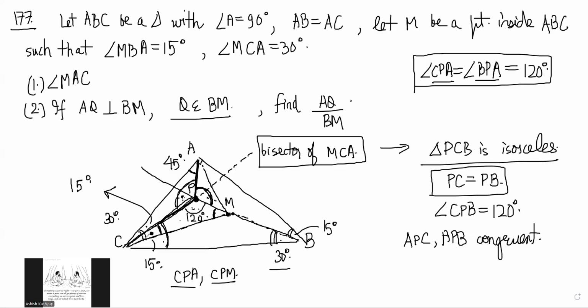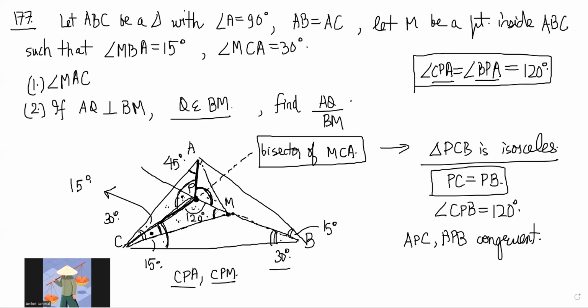They also have a common side CP. So these two triangles are also congruent now, right? Yes, sir. So if they are congruent, then angle CPA is equal to CPM, which is obviously true, that we already knew, 120, 120. Then AP is equal to PM, right?